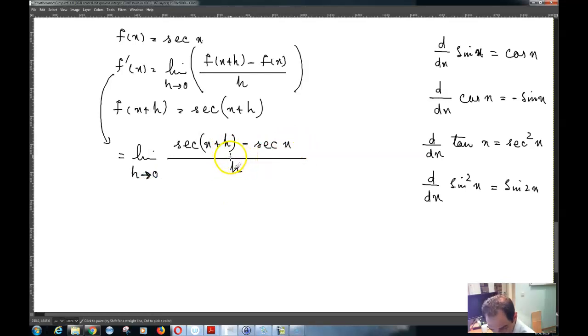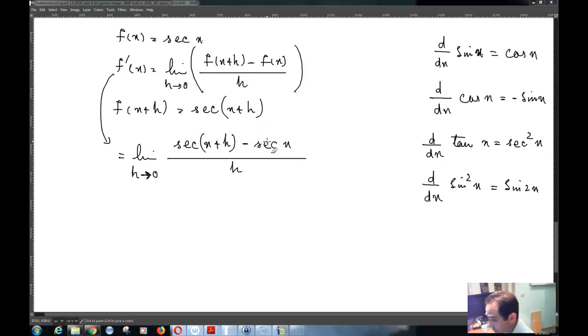Now the problem is that we don't have any formulas for, for example, secant x minus secant y. We don't have that. So I suppose what we can do, I really don't know if that's going to work, but that's worth a try.